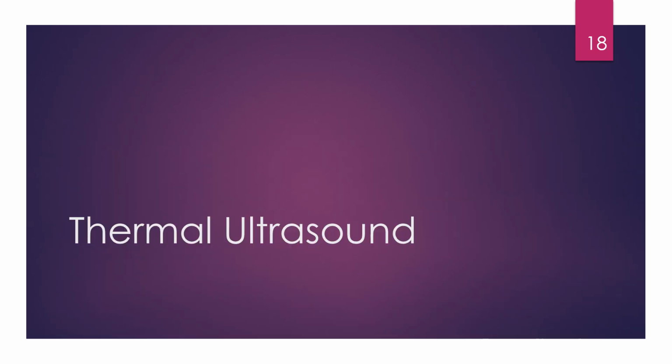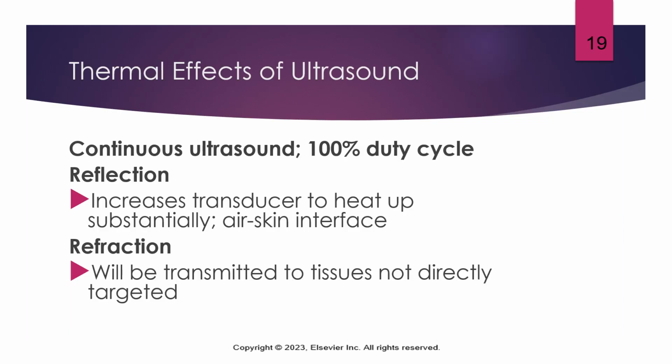Okay, so now let's start looking at these different types of ultrasound that you're going to be responsible for learning and knowing about for quizzes and for your testing purposes. So let's start with the thermal effects of ultrasound. We briefly talked about this with our introduction in the lab setting. But whenever we're using thermal ultrasound, we're going to choose a duty cycle of 100%.